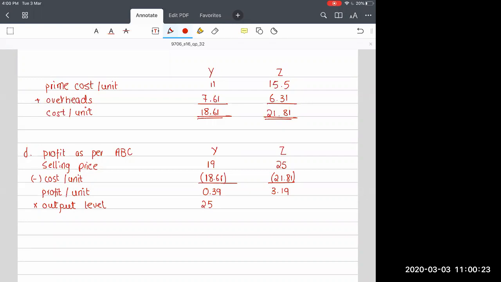So 0.39 multiplied with the 2,500 units, the total profit is 975. And for the other product, 3.19 multiplied by 4,000, it's 12,760. Now, profit as per absorption costing.